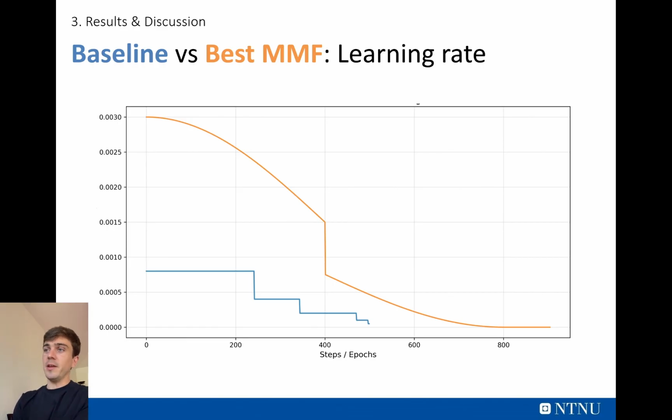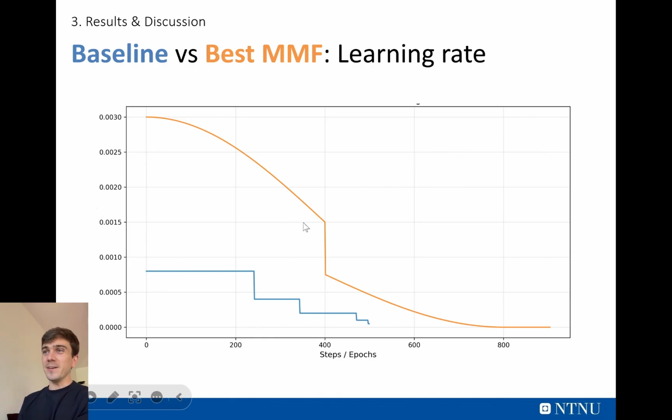Then here you can see the dynamics of the neural networks, which are pretty different. The best matmul-free model needs a higher learning rate, and it worked very well. Here it's also using a cosine scheduler, and it was very useful, this jump here. So in the middle of the training process, you use half the learning rate, and this kind of helped. I'm not sure why, but it just worked.